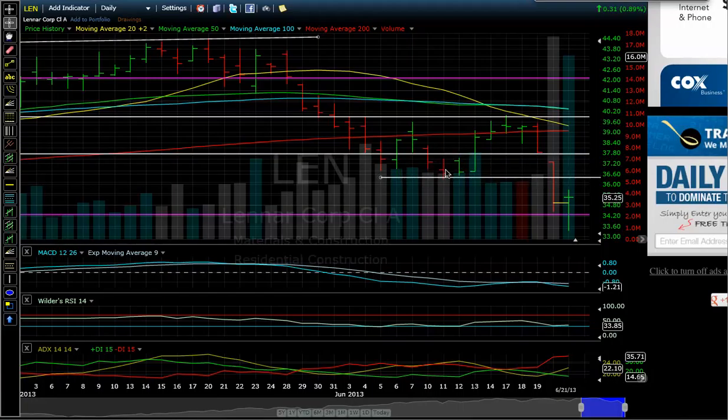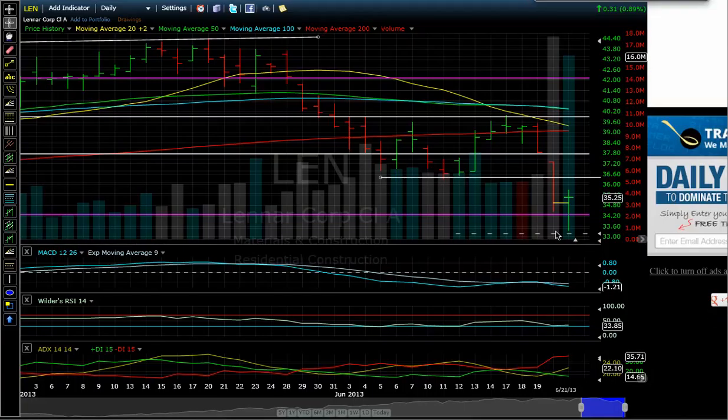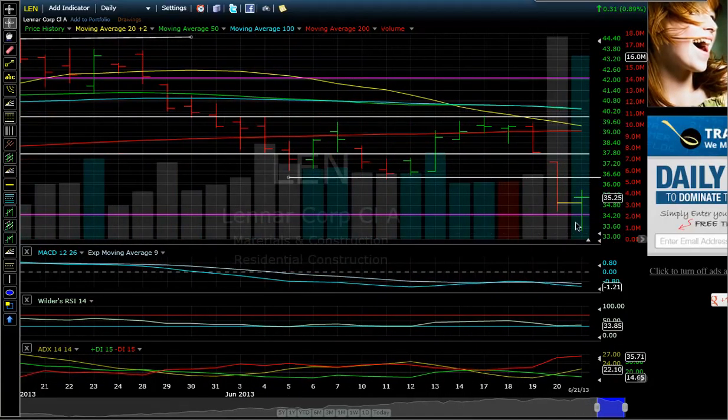I'm mad that I actually missed the dip on this one. Once it dipped below that purple line and got right back above, that would have been a good buy. It would have been a good buy just below this area because Lennar was oversold as well, like gold was. Look at the RSI. The RSI was 32.04, close.